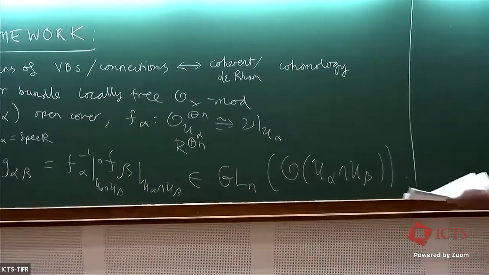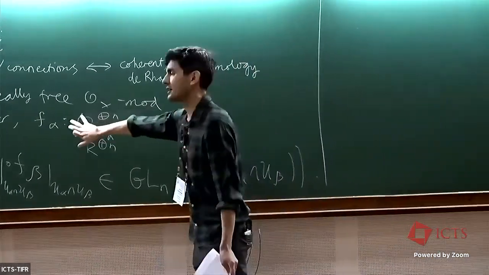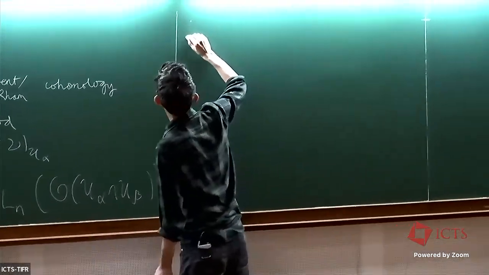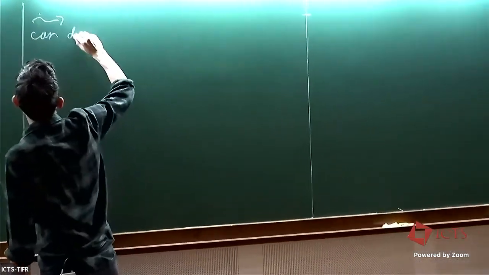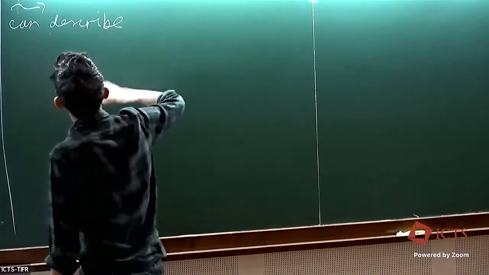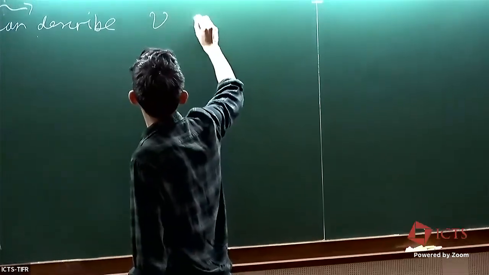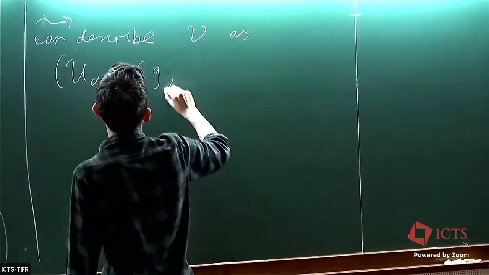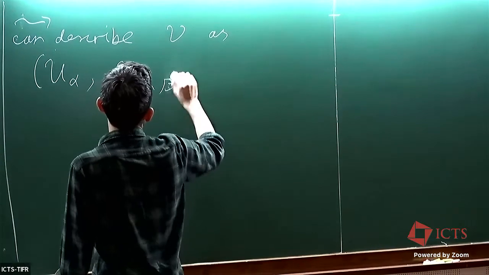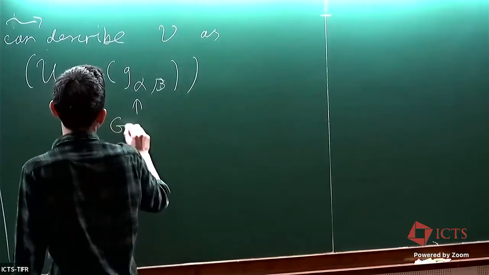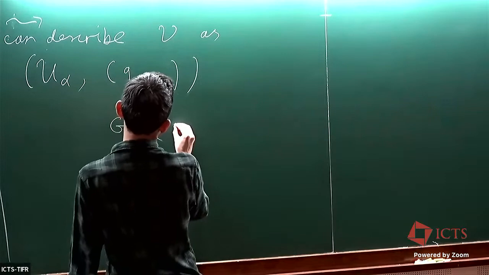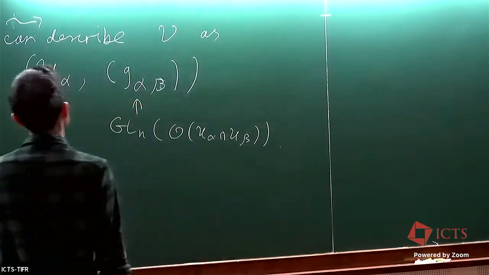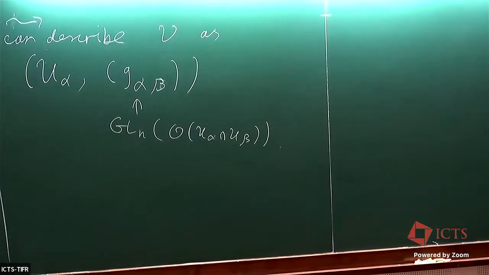Then we can actually just forget about the f_alphas, and just think in terms of this data. So we think of V just in terms of an open cover U_alpha and a collection of g_alpha beta, where these are elements of GL_n.